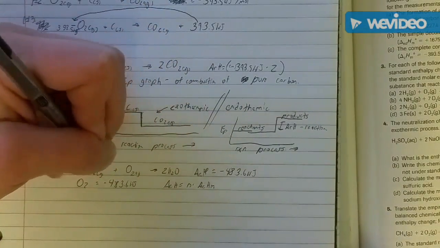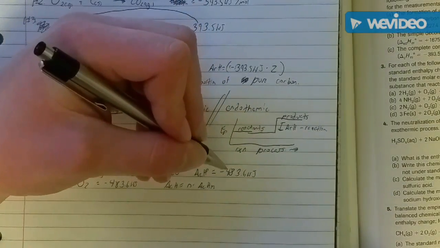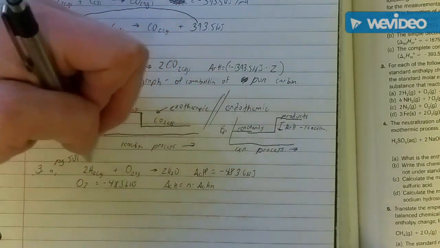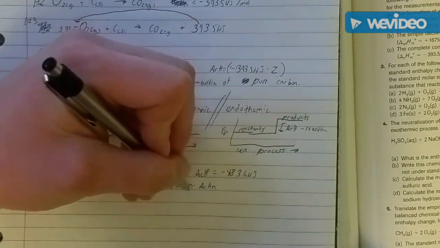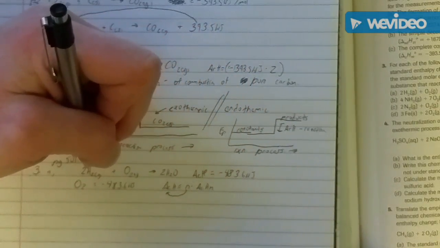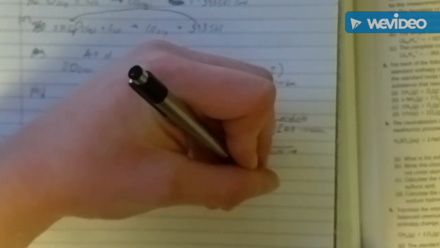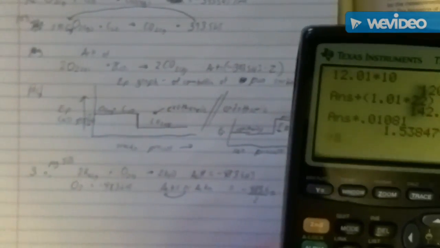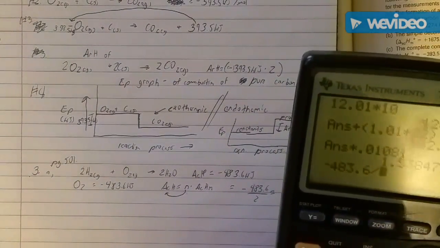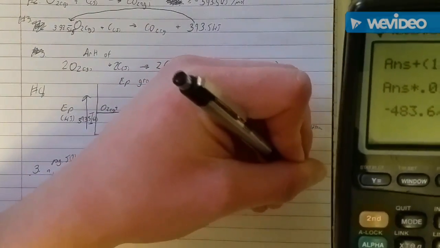So for hydrogen, we'd have to take negative 483.6 kilojoules and divide that by 2. So you just divide it by 2, which would give us our molar enthalpy of hydrogen gas, which would be equal to negative 483.6 divided by 2, which is negative 241.8 kilojoules.